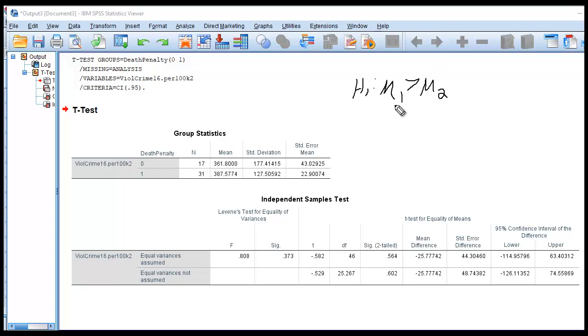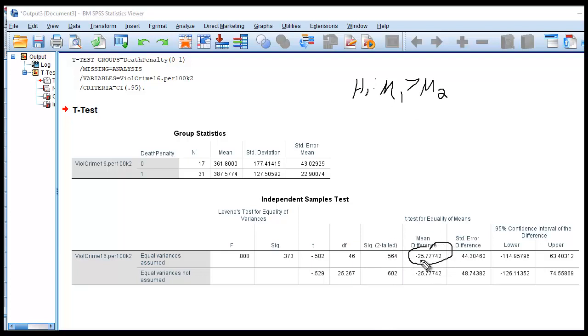In that case, that would be my hypothesis. And you can see the difference between the two groups is contrary to that hypothesis. So I would not be able to reject the null even if this p-value happened to be less than the 0.05 level.